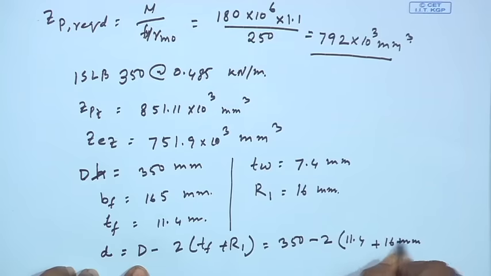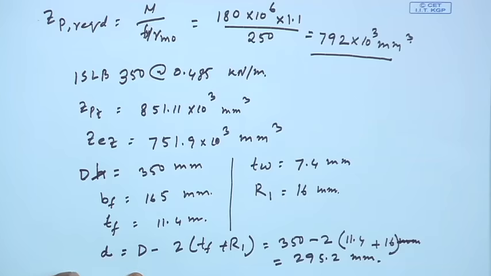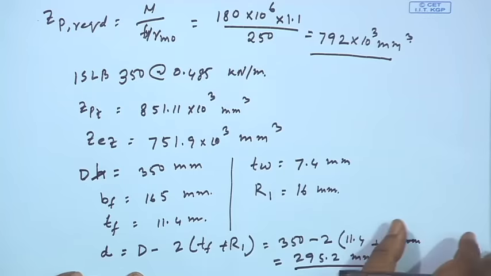After calculating this, we get d as 295.2 mm. So, the effective depth of the web is 295.2 mm.